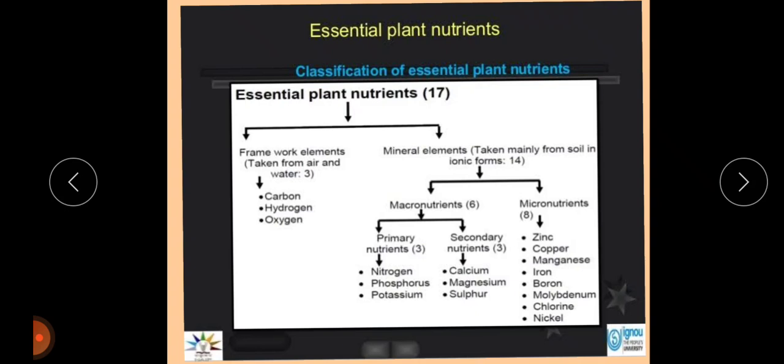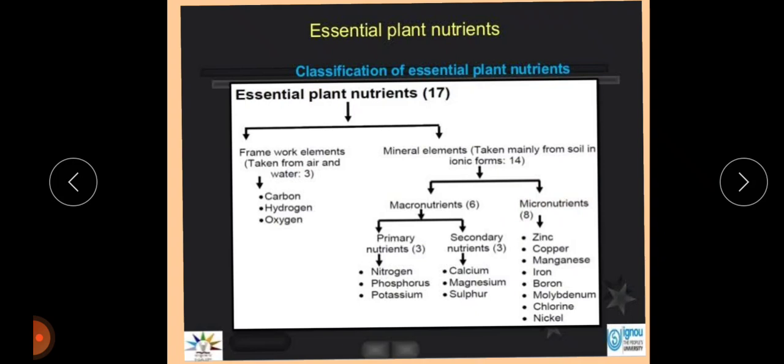The mineral nutrients we classify into two distinct groups: macronutrients and micronutrients. Macro and micro, these are two classifications.